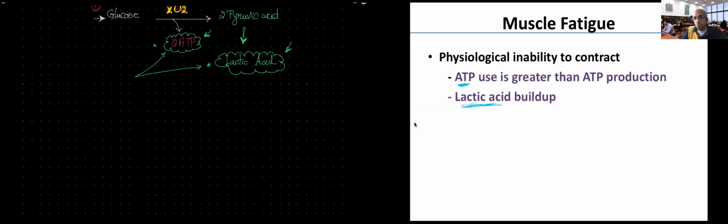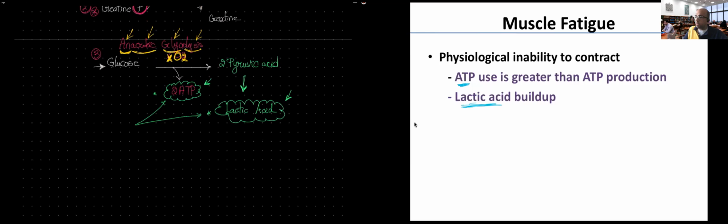So how come you are able to keep contracting your muscles for hours without developing a muscle fatigue that will stop you? Because the source of the energy here, when you run a marathon, you've got enough time. It's a low intensity workout. You don't require high levels of ATP all of a sudden. You will be able to supply adequate amounts of ATP as far as you don't need large amounts of them in a short period of time.